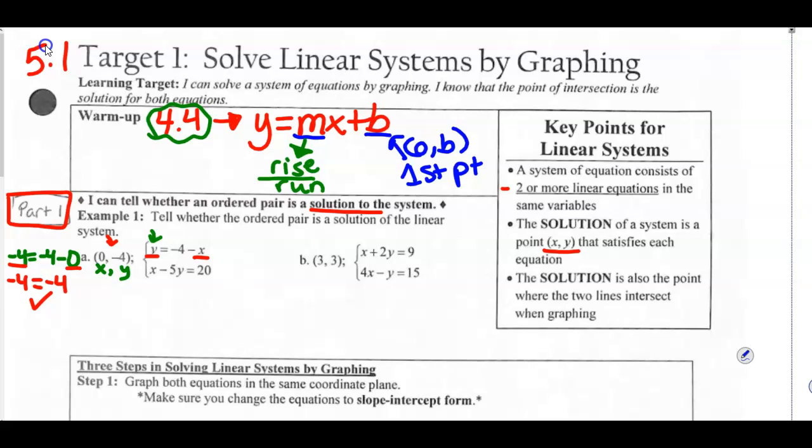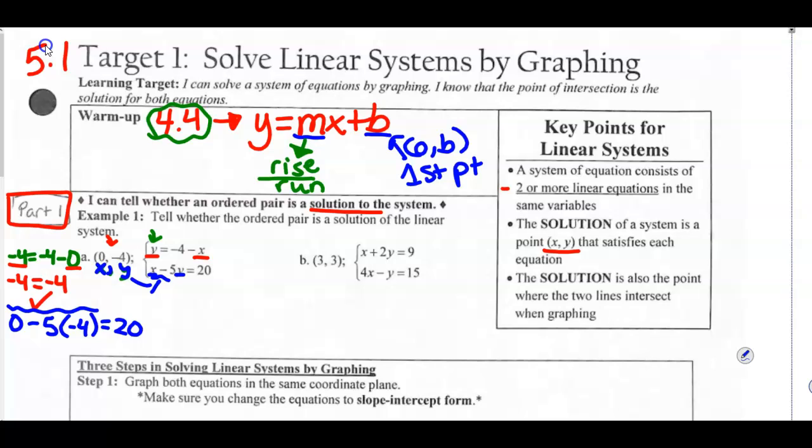So I'm going to do the second equation underneath. The second equation is x minus 5 times y equals 20. Again, I'm plugging in my ordered pair, my x and my y. So I have x, which is 0, minus 5 times y, which is -4, equals 20. All I did was plug in my x and y values into the second equation, and then I'm going to do the math.